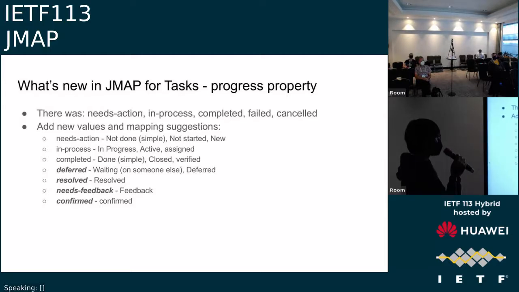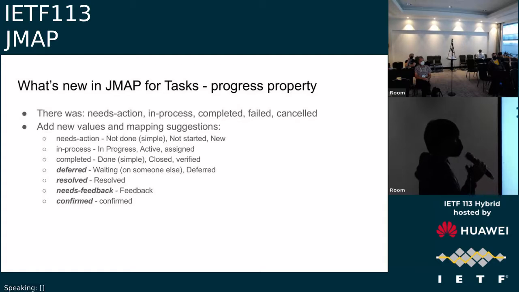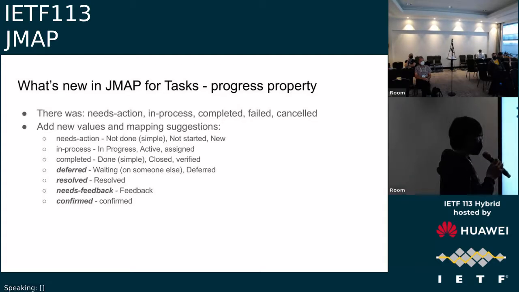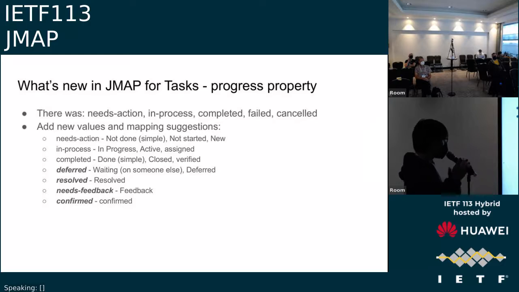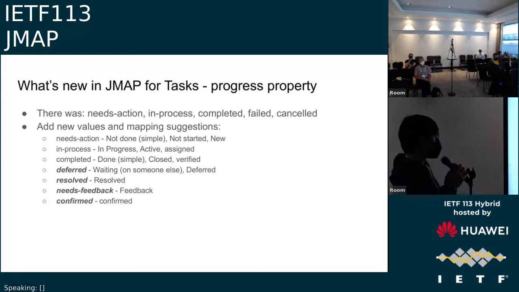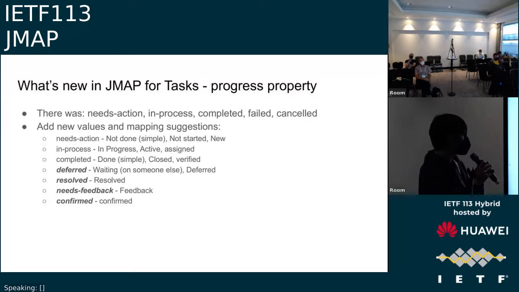So I tried to come up with a mapping from the various values that I saw, and added some more values that I thought were necessary in order to have a more complete mapping.